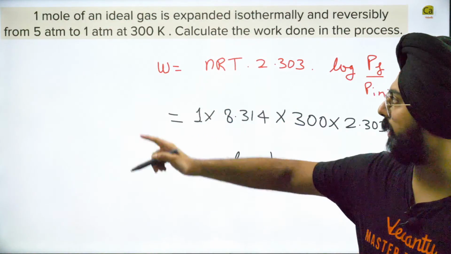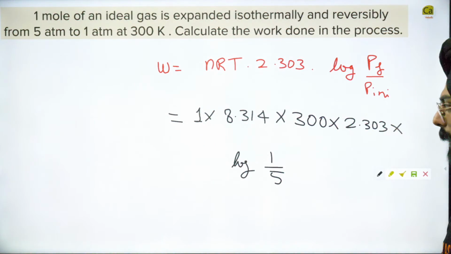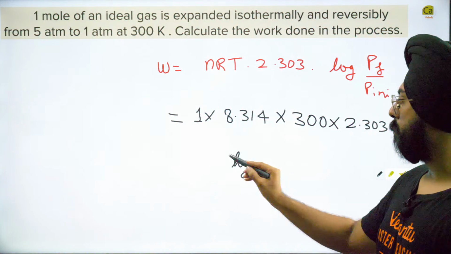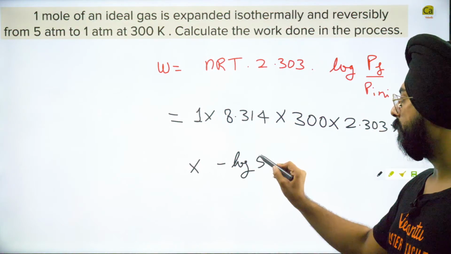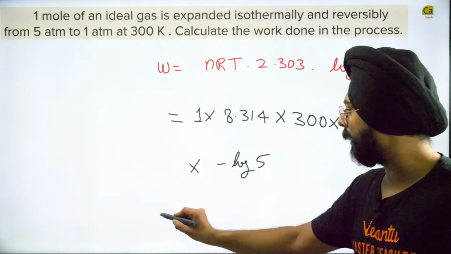P final is 1, P initial is 5. ठीक है. So this can be written as minus log of 5. So this is the calculation that we have to do. Can you do the calculation please?